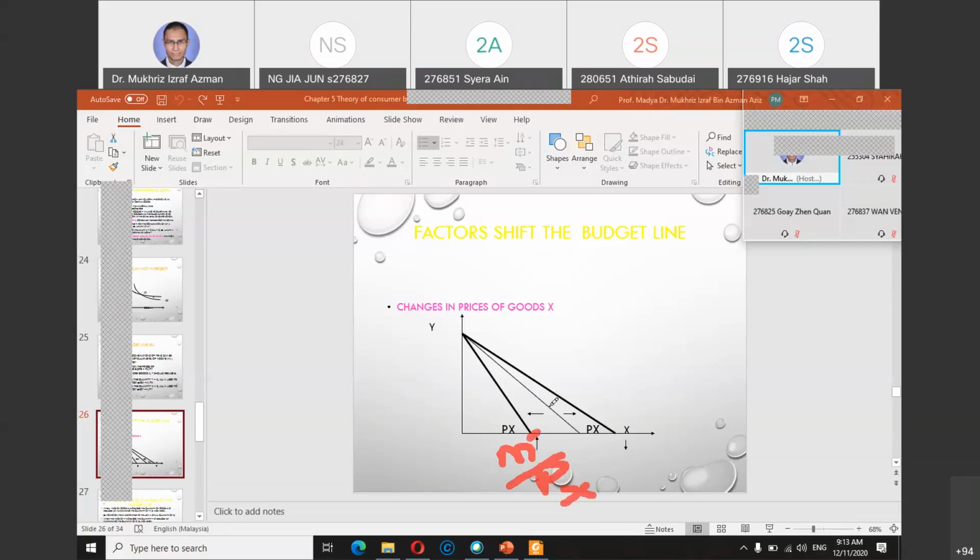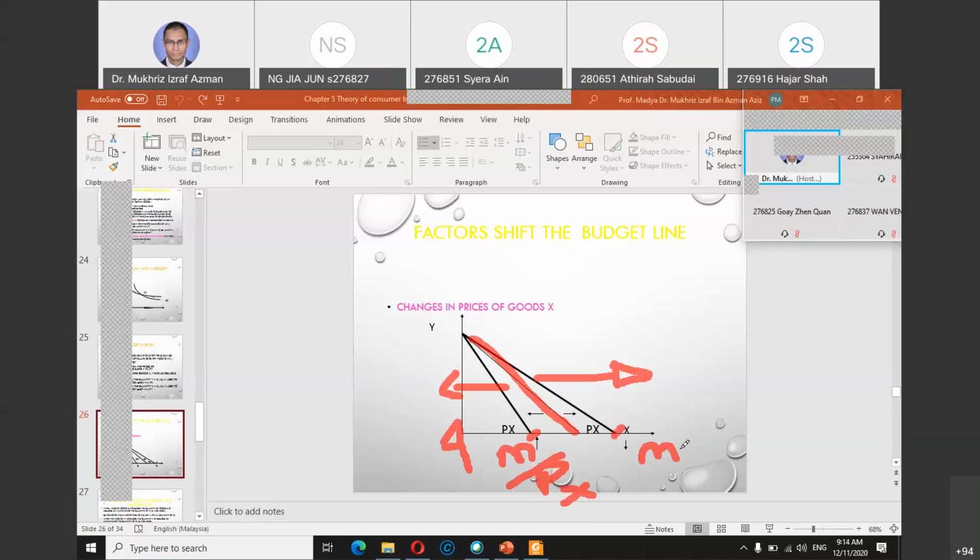So if your budget line, for example, shifts to the right, let's say this one in the middle here is the original budget line. When does your budget line shift to the right, or shift to the left? It can shift to the right if your income increases, because when M increases, M over PX will give you a higher intersection point.